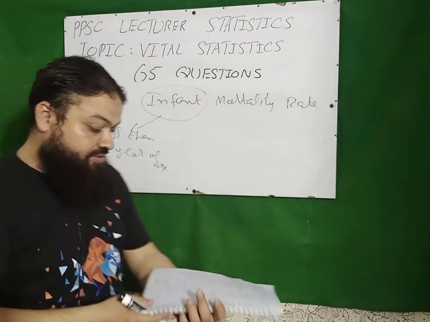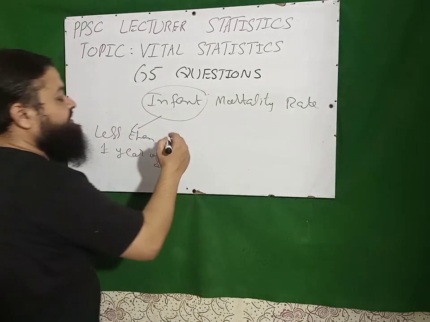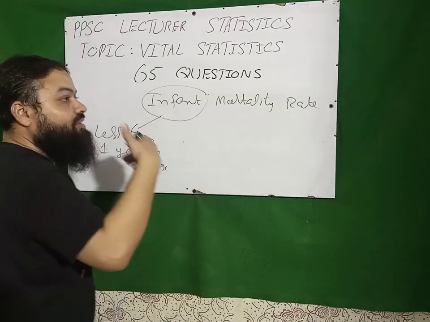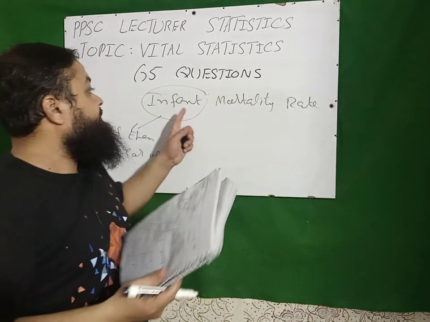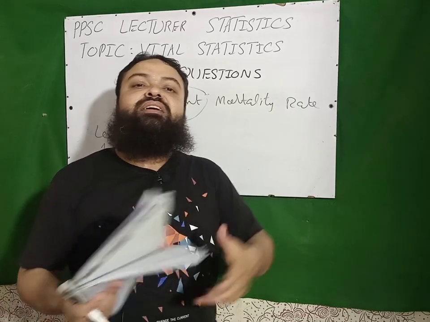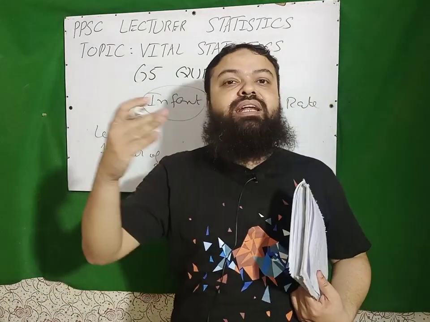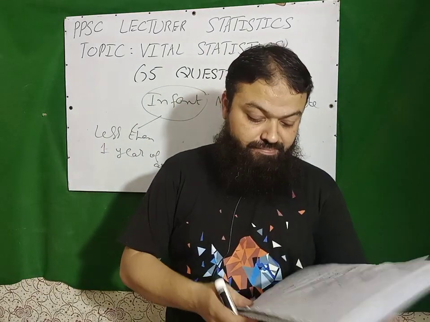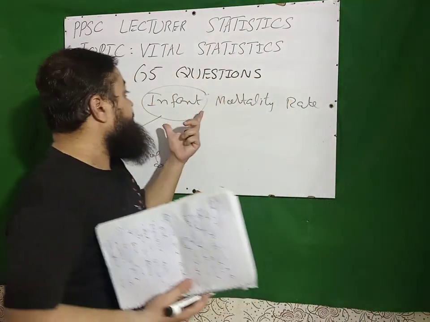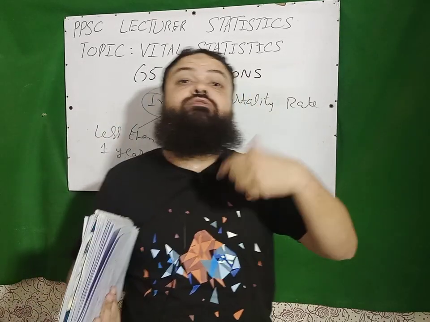A very important one. And if the infant mortality rate is low, it means that the maternity cases are attended well, and the food and hygienic conditions are good. And if the infant mortality rate is high, it means that the maternity cases are not well attended.